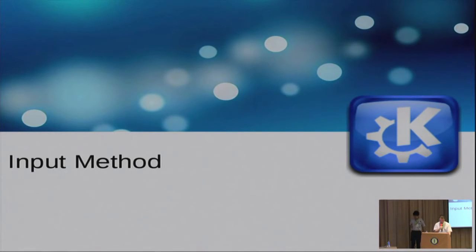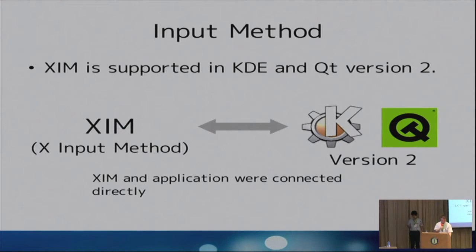The second topic is input method. In KDE and Qt version 1, we couldn't input CJK text. Input method is supported in KDE and Qt 2. XIM is supported in Qt 2, so we can input CJK text.